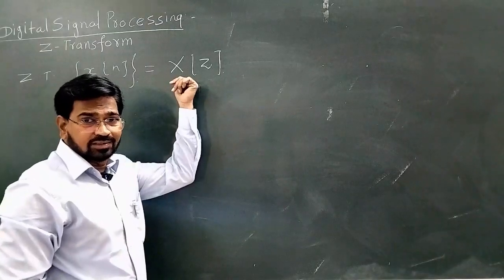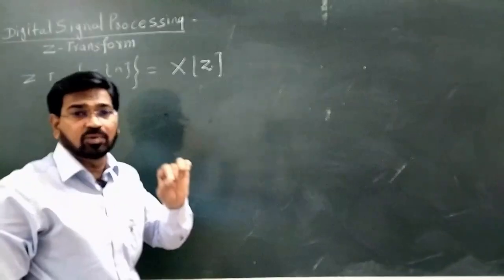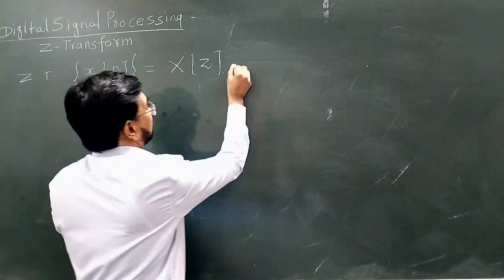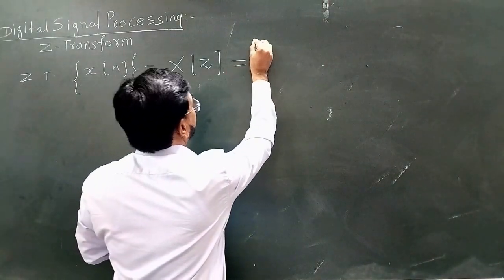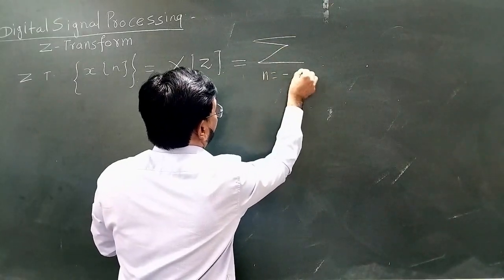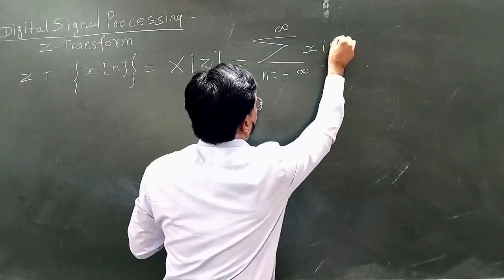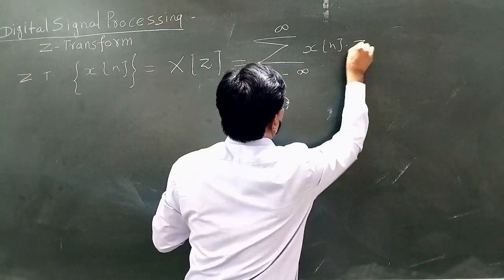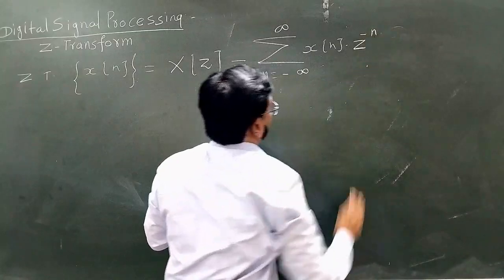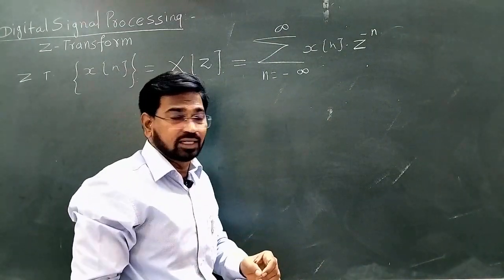X is uppercase and z is lowercase. X of z is the Z transform of x of n, which is a complex term. We will see how it is complex. It is the sum from minus infinity to plus infinity of x of n, the discrete time sequence, times z raised to minus n. Now, why is summation taken? Why is integration not taken here?